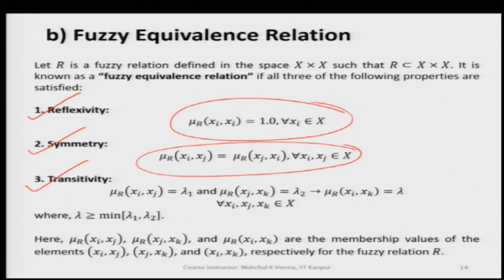Transitivity follows this condition which I am just going to explain.